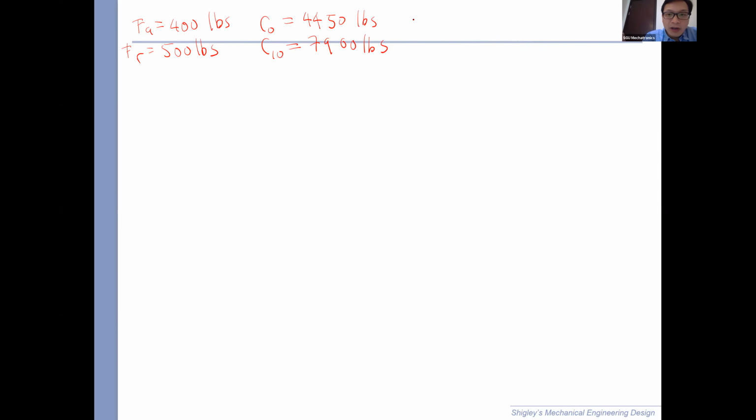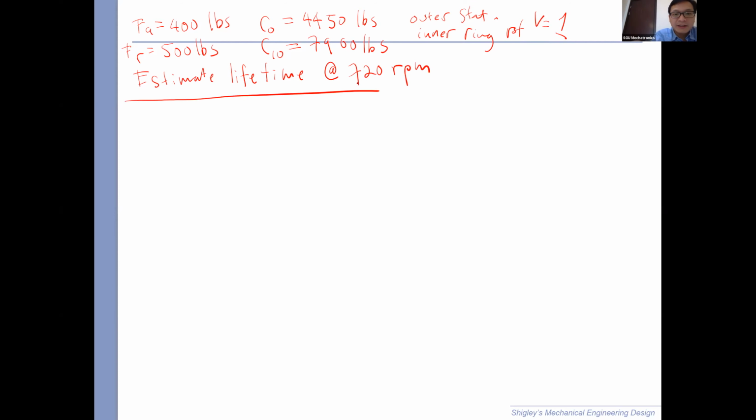We are given that the outer ring is stationary, so that means inner ring rotation, so V is equal to 1. If it's outer ring rotation, V is 1.2. So the question is to estimate the lifetime at 720 RPM. I think we have everything written down.